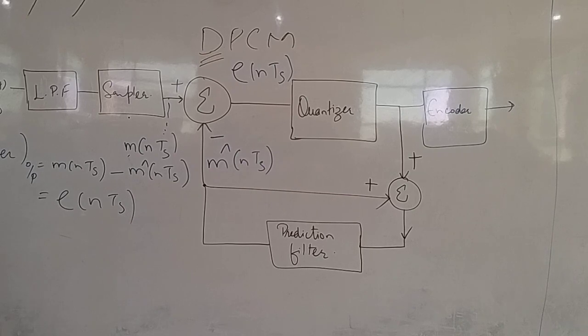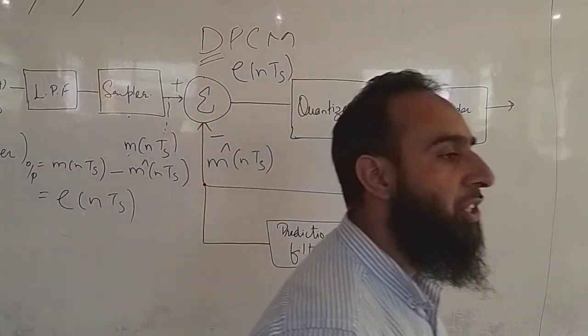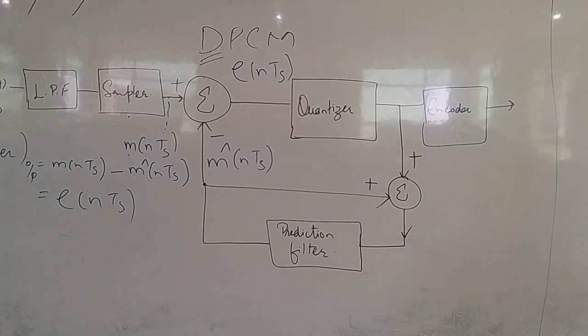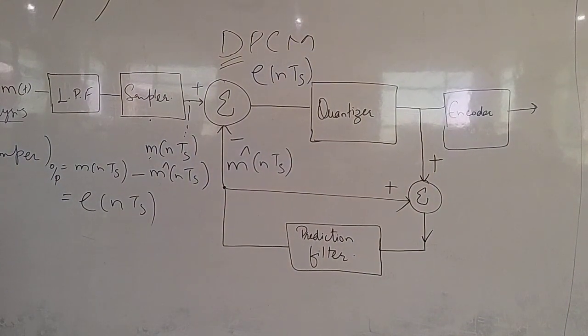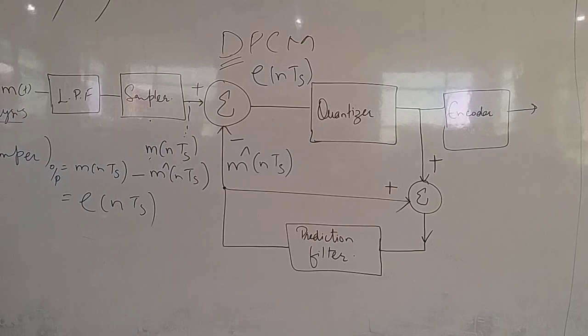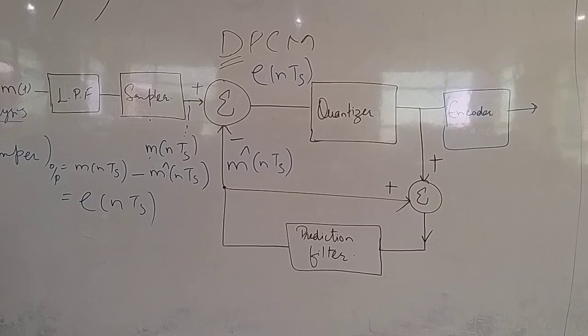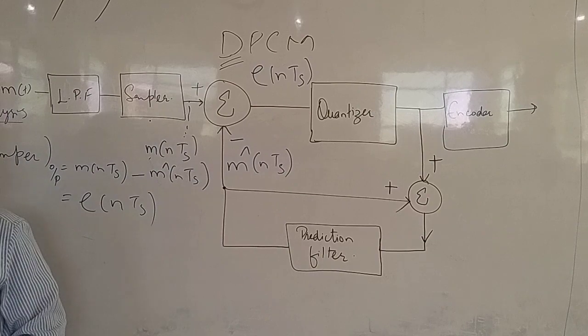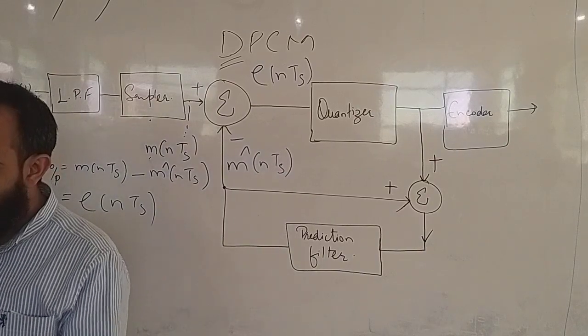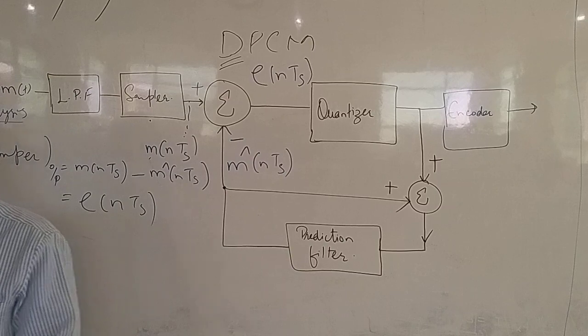That is, the dynamic range of E of NT of S will be very small, right? मैंने ये कहा कि जो prediction error होगा E of NT of S that will be small. उसका मतलब ये है कि the dynamic range or the voltage range value of E of NT will be very small, and therefore corresponding quantization error will be very small.